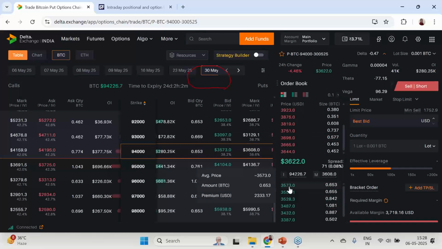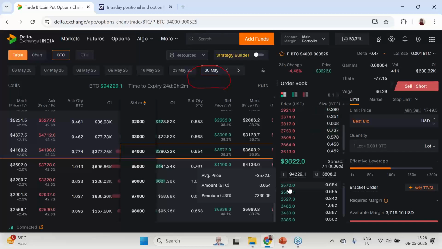That is what it means. But again, it depends upon the IV and many other factors. It may reduce less than 77, it may reduce more than 77. So the IV will be determining that.